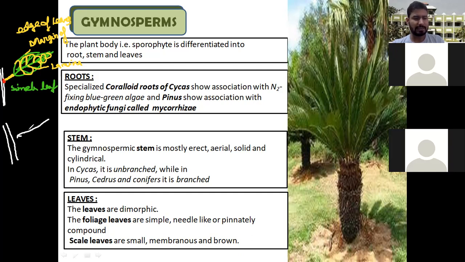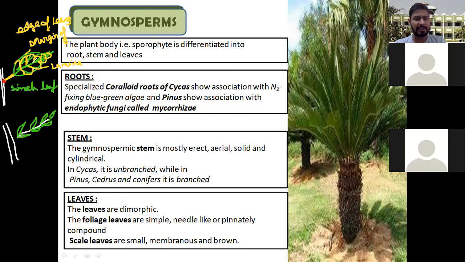It will be the rachis, and now the small leaf is going to be modified into leaflets. Simply you can say the leaf gets modified into the leaflets, and this structure is called the compound leaf.